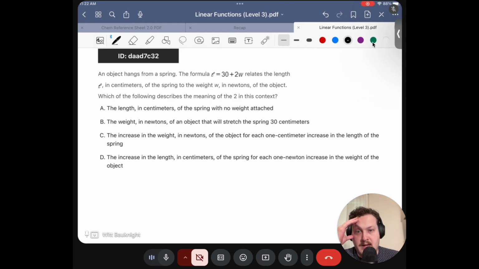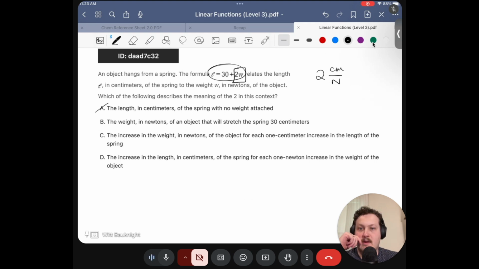An object hangs from a spring. The formula L equals 30 plus 2W relates the length to weight. Which of the following describes the meaning of 2 in this context? That's the slope. So it's 2 centimeters per every Newton. The length in centimeters of the spring with no weight attached? Nope.